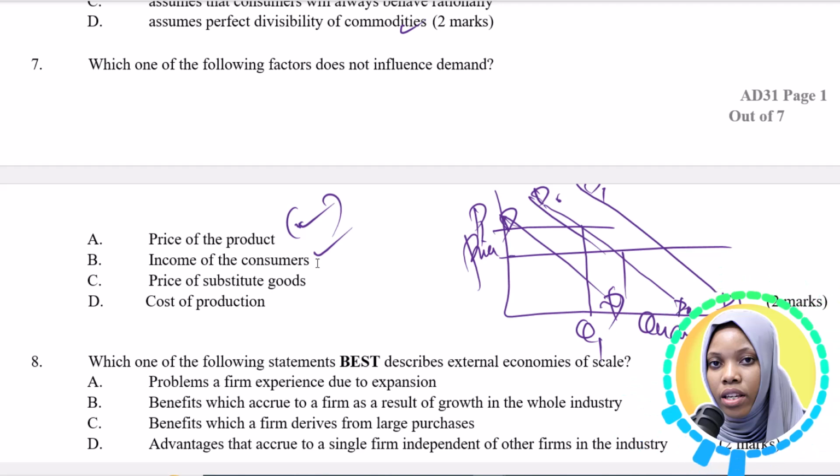Choice C, price of substitute goods. Yes, if we have tea and coffee, the common substitutes that we give as examples.